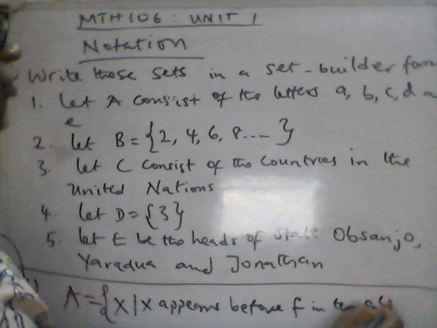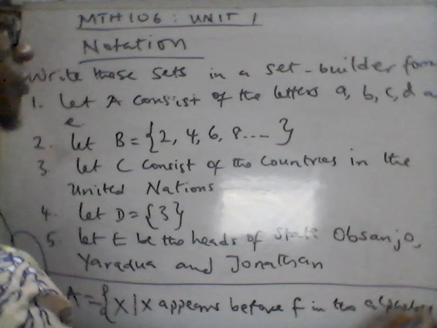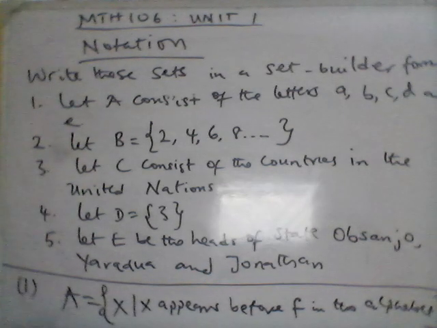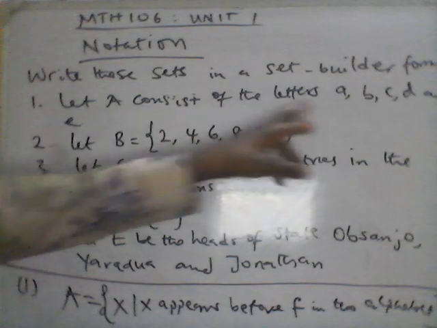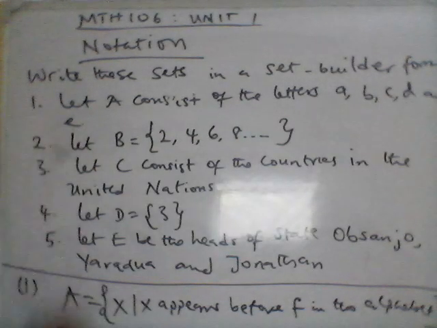This one is simple enough. You know why? Because all these letters A, B, C, D, E actually appear before F. So this is the set builder form for that question.